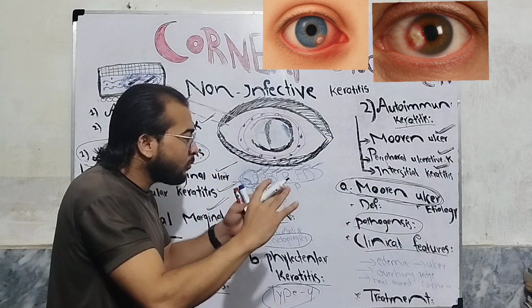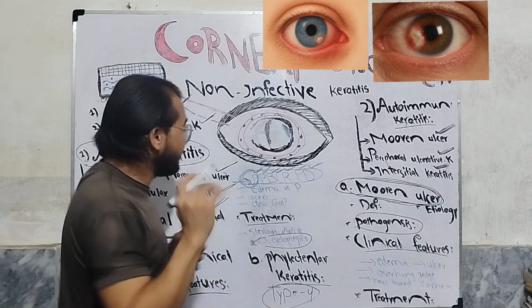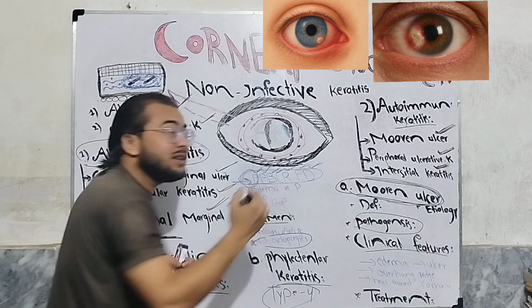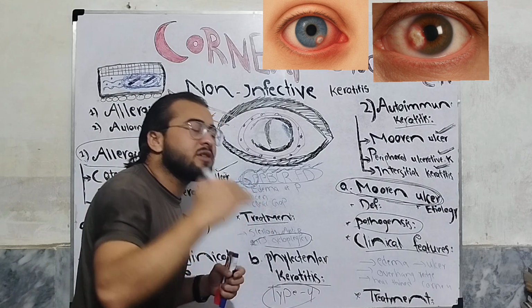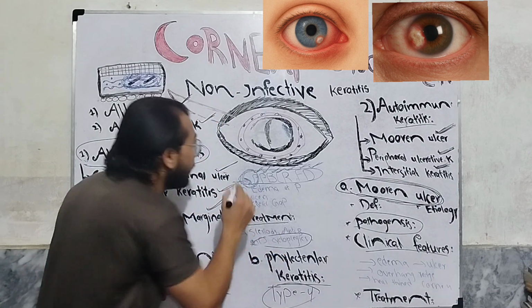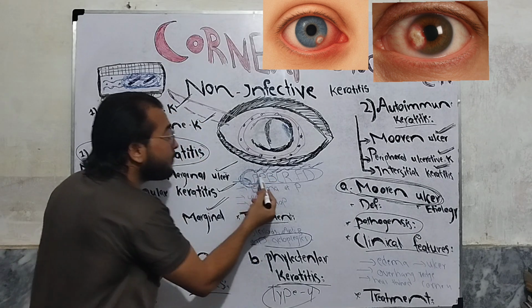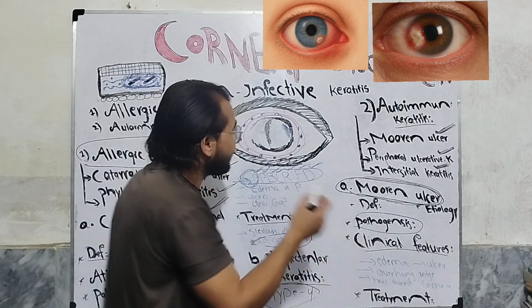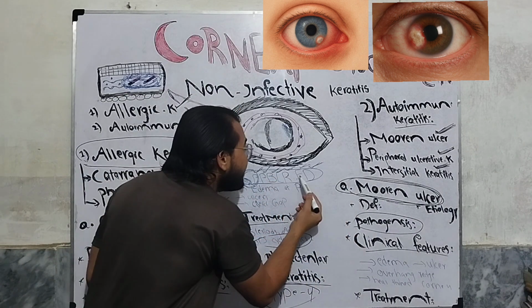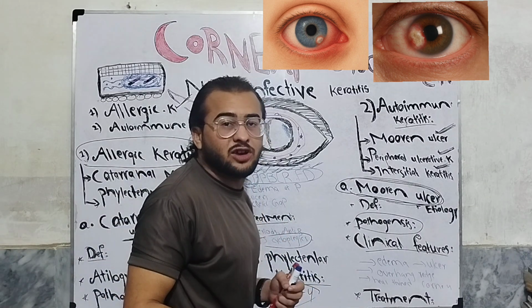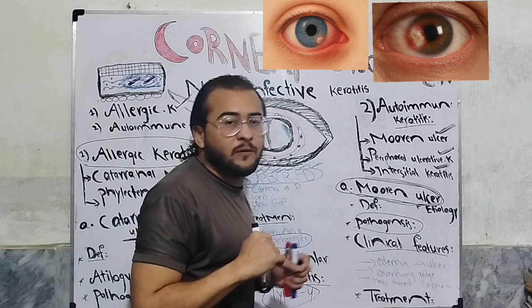But remember, before moving forward to other clinical features, you should know that these common clinical features are present in every corneal disease, as I am telling you again and again: pain, photophobia, blurred vision, lacrimation, redness, foreign body sensation and discharge. But that depends on the severity of infection.